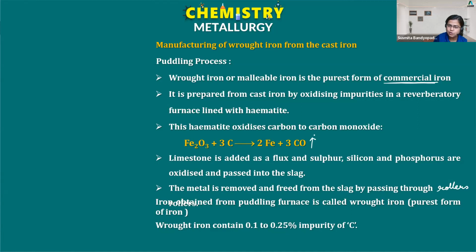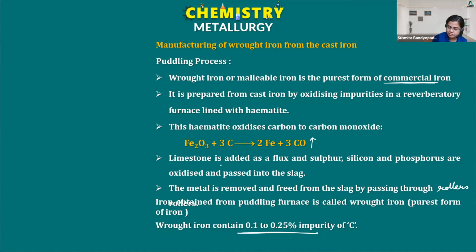It's still 0.1 to 0.25%, not 0.25 to 1, sorry, a slip up. 0.1 to 0.25% carbon is still there, but most of it will be oxidized by Fe2O3 into Fe and CO.